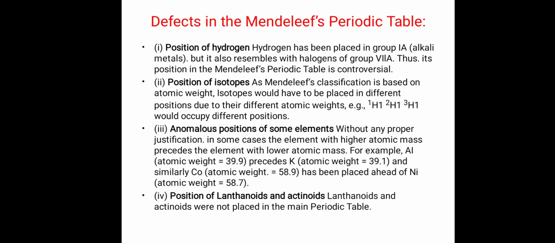If we take protium, deuterium and tritium, they have different positions. And third one is anomalous position of some elements. Then fourth one is position of the lanthanides and actinides. So lanthanides and actinides were not placed in the main table.